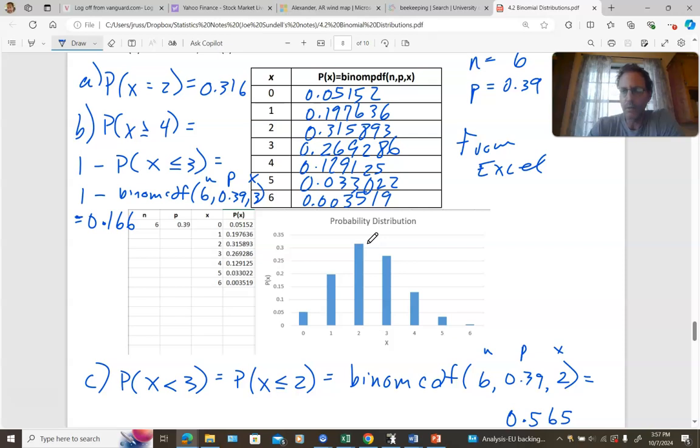You would expect between 2 and 3 respondents to answer yes to that survey question, and that really has to do with the probability that they'll say yes. That's why most of the probability is focused here in the middle, because 2 and 3 out of 6 is somewhere around 33%, 40%, something like that.